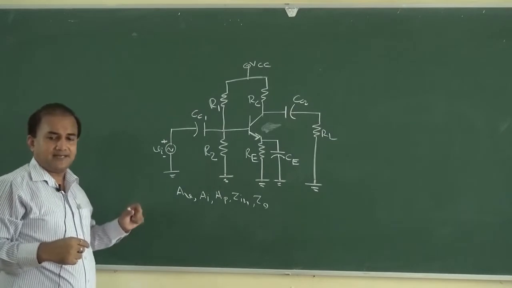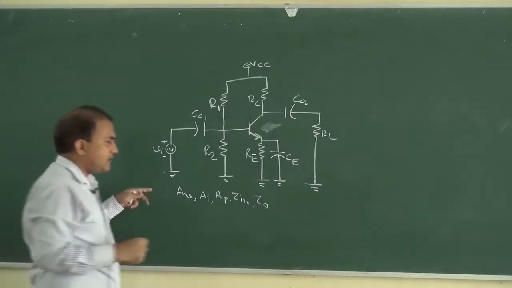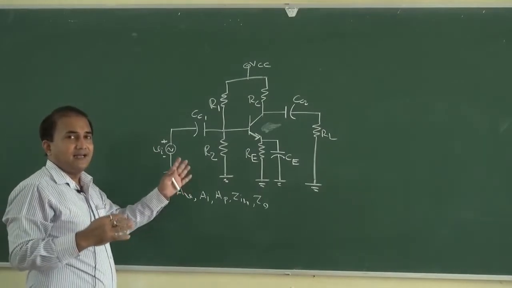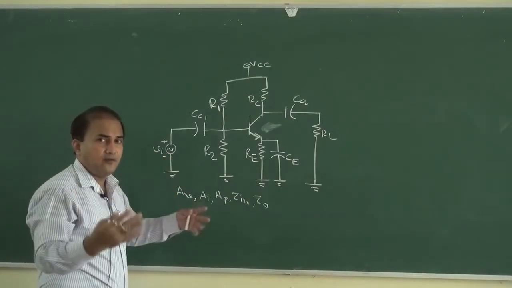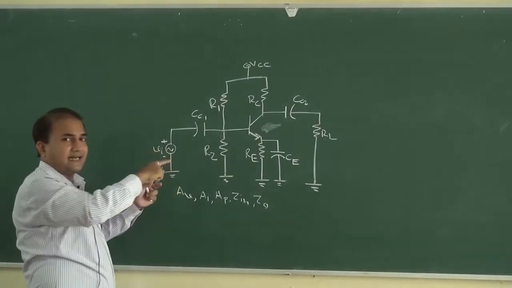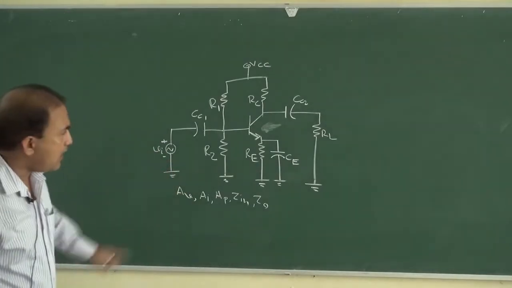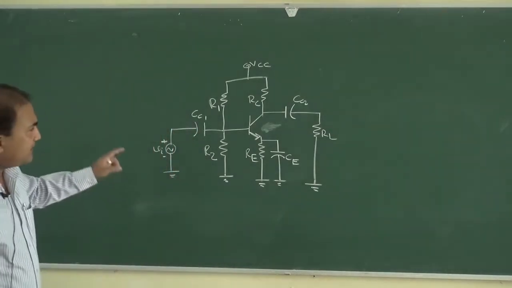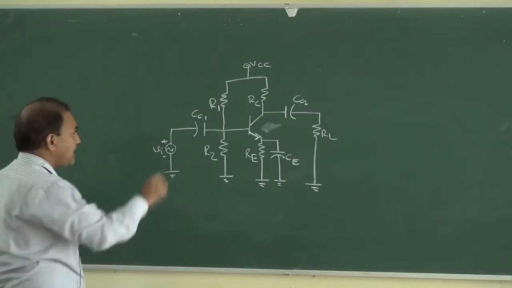How we can determine it? In order to determine all these values, we have to analyze this circuit from AC point of view, so we can represent its AC equivalent circuit.